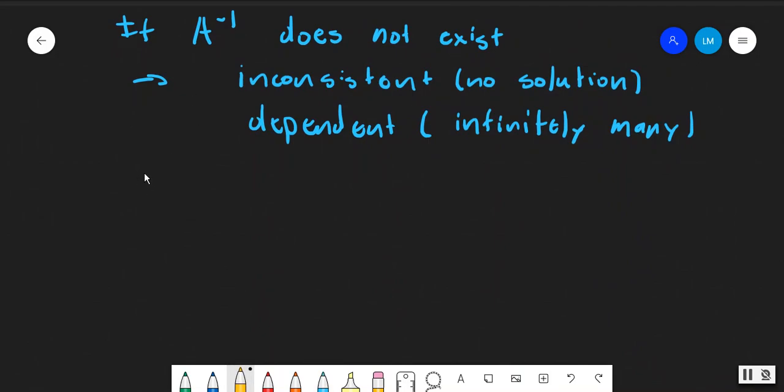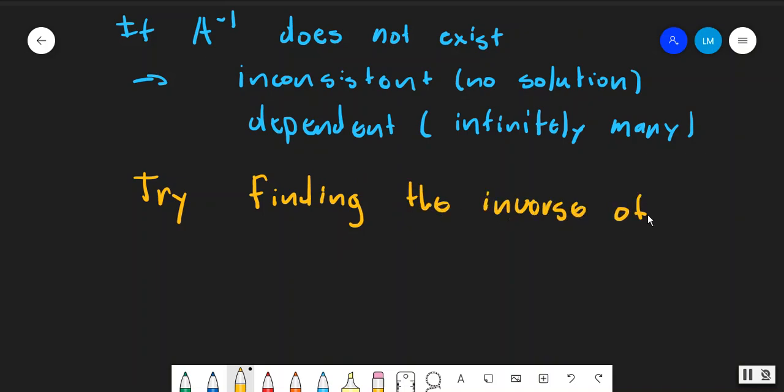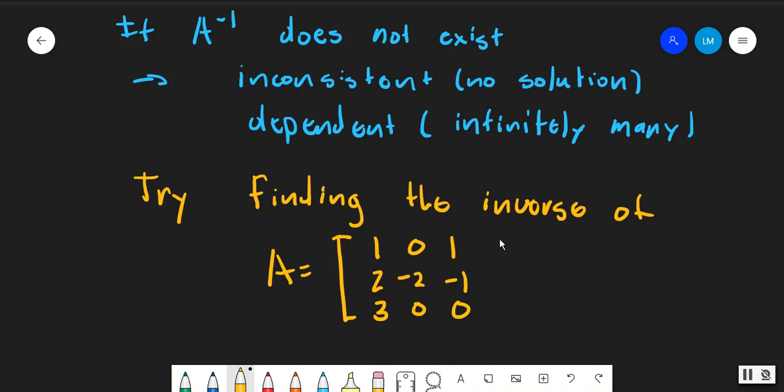I want you to try to find the inverse of A equals 2, 1, 0, 1, 2, negative 2, negative 1, and then 3, 0, 0.